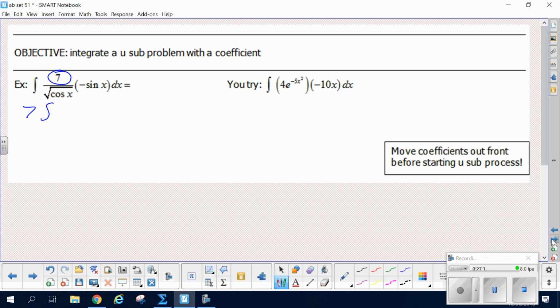I can put it out front. So what is my u? Cosine or negative sine? Cosine, okay, because that's the function within a function. So we would let u equal cosine, and therefore du would have to be the derivative of cosine, which is negative sine of x dx, okay?